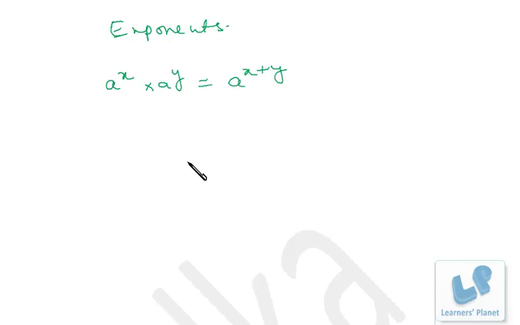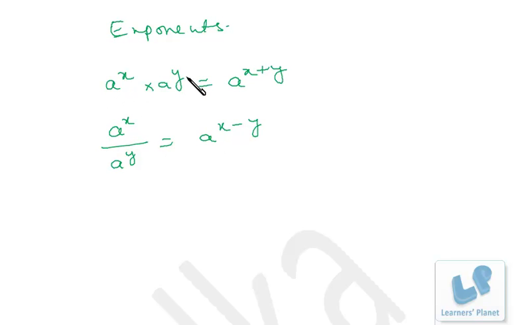Next we are going to discuss some basic rules of exponents. Suppose a raised to x into a raised to y, then it will be a raised to x plus y. If a raised to x by a raised to y, then it is a raised to x minus y.